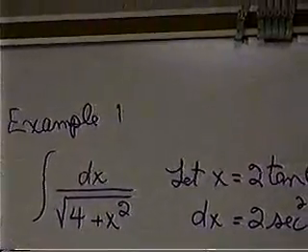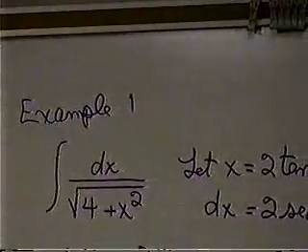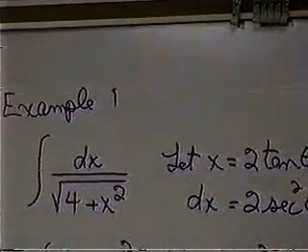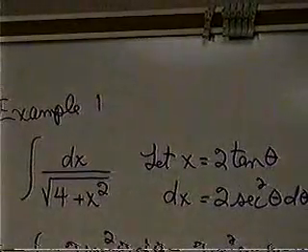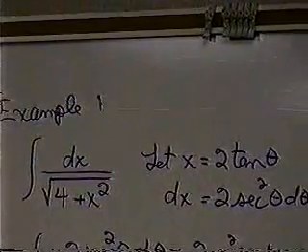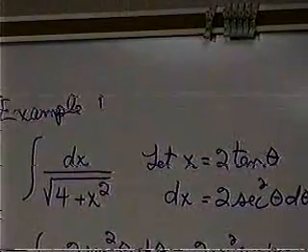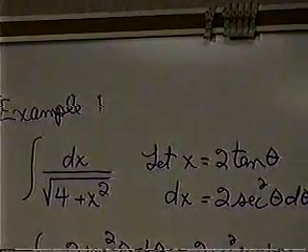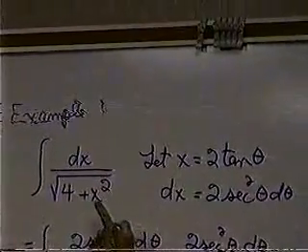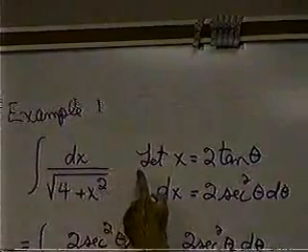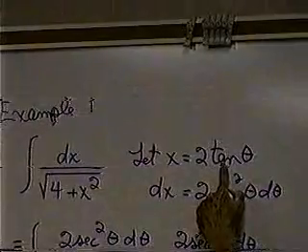Example 1 says we want the integration of dx over the square root of 4 plus x squared. And we can't use the power rule, we can't use inverse functions, and we can't use anything else. Then we want to look for trig substitution. So if it's plus, we replace with tangent.